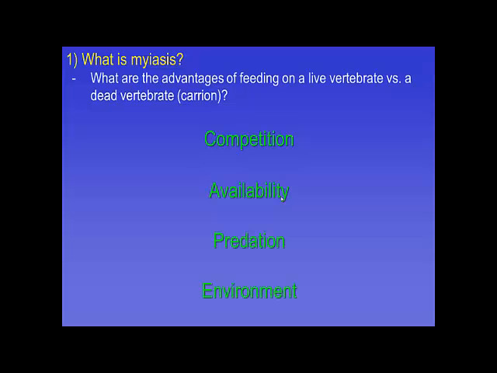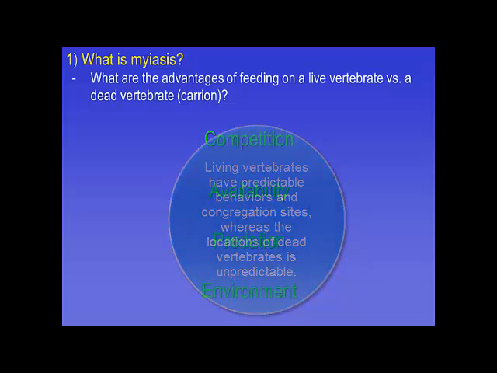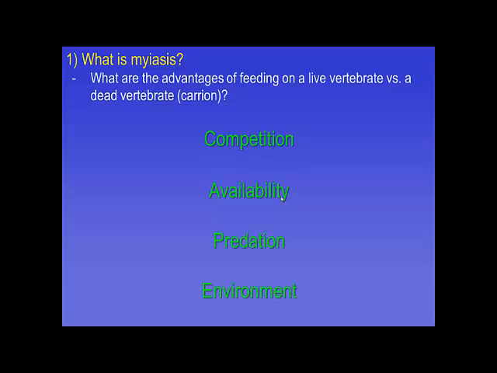In contrast, live animals have predictable behaviors and aggregation sites. So, for example, we've seen watering holes, food sources, nests, dens. These are areas where living animals, and particularly vertebrate animals, are going to congregate, and they're going to be fairly abundant in these locations.